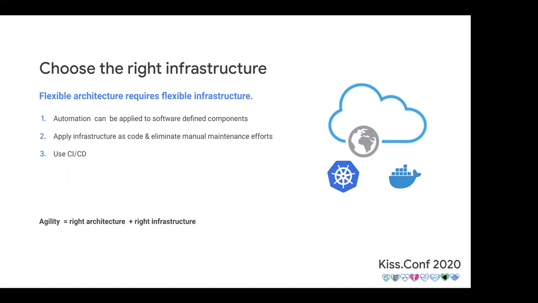It works very well because once your infrastructure is flexible, you can automate everything and quickly deploy your changes to production, and this brings agility. So I would say agility equals your architecture plus your infrastructure. The two cannot be separated from one another.